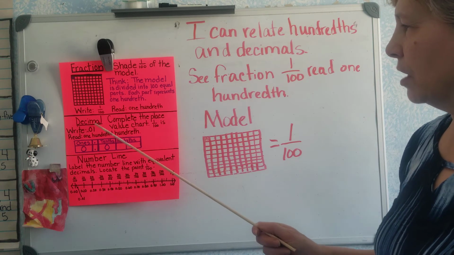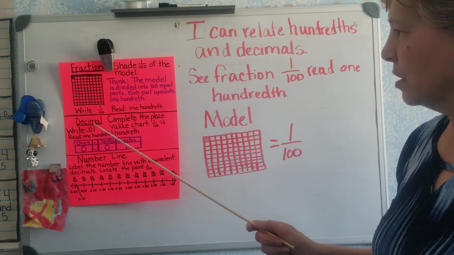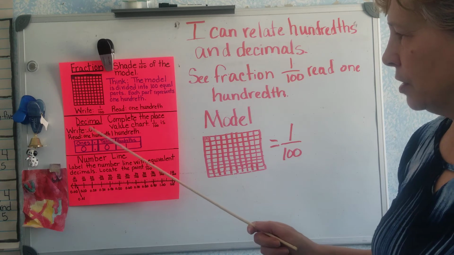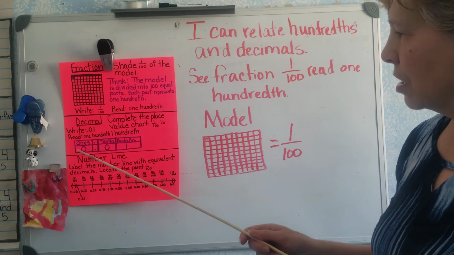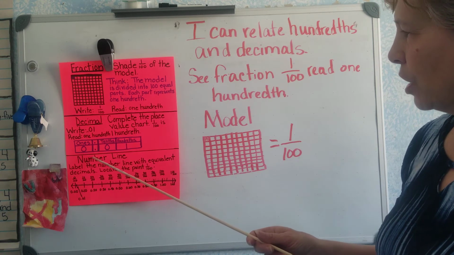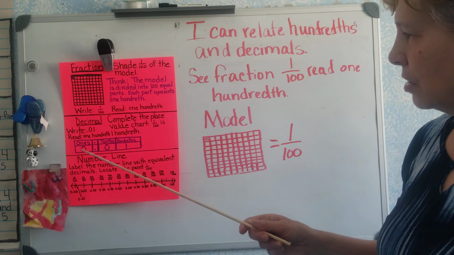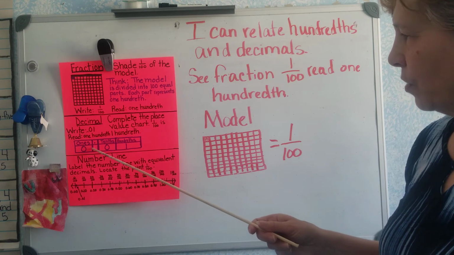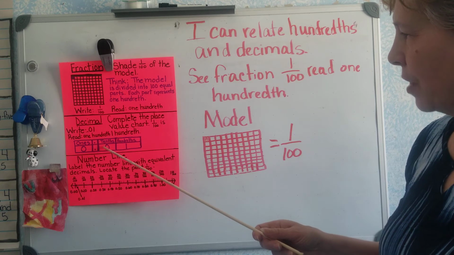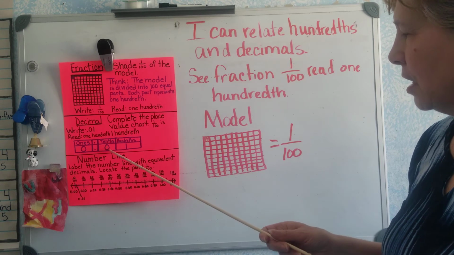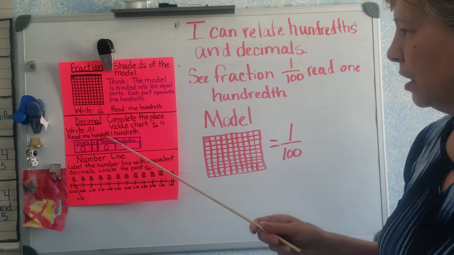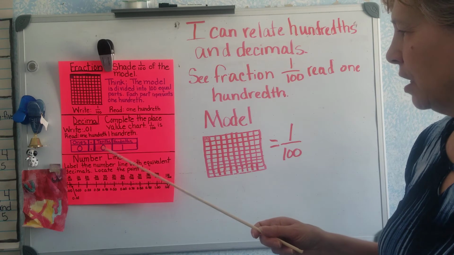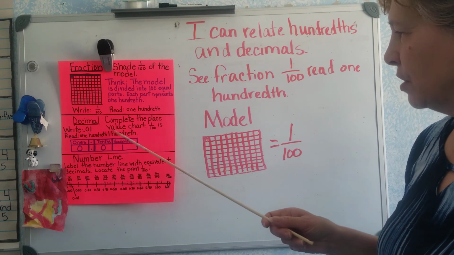Now when we want to write it as a decimal, we can use a place value chart. So we would put 0 in the ones, we would write our decimal point, and then we put 0 in the tenths and 1 in the hundredths. I really want to stress that if there isn't anything in the tenths, you have to have your 0 there.